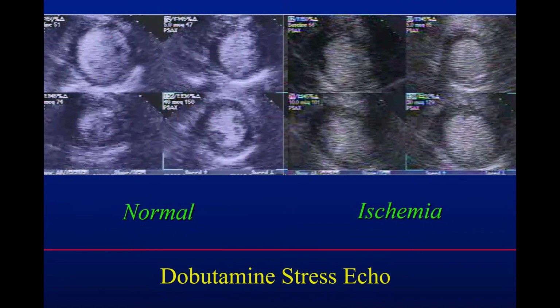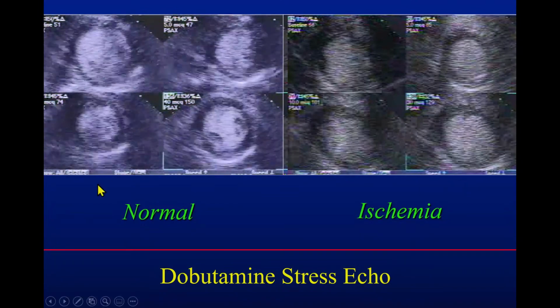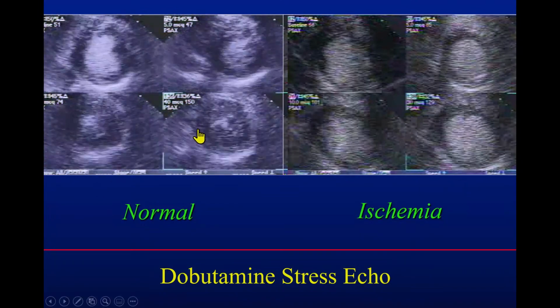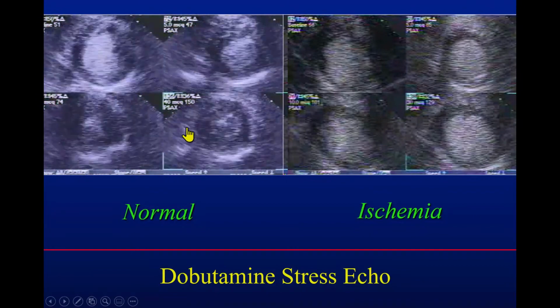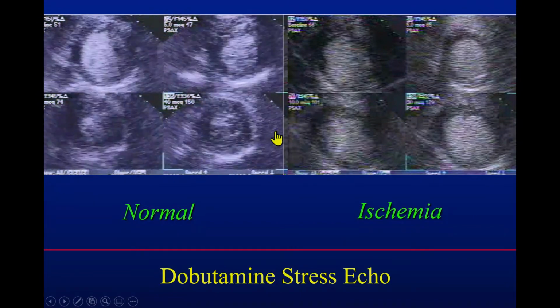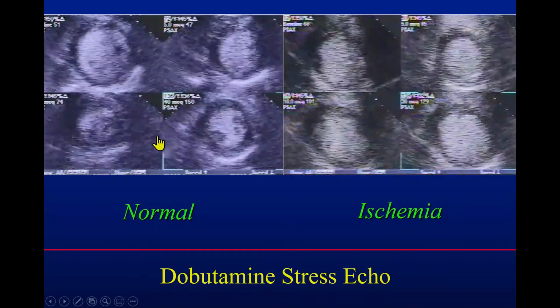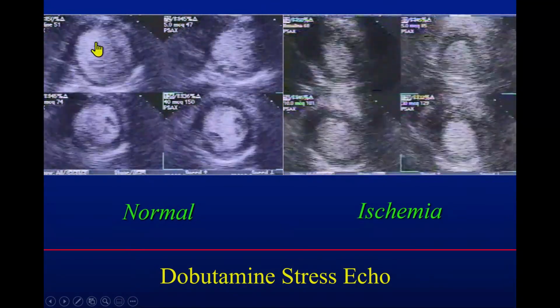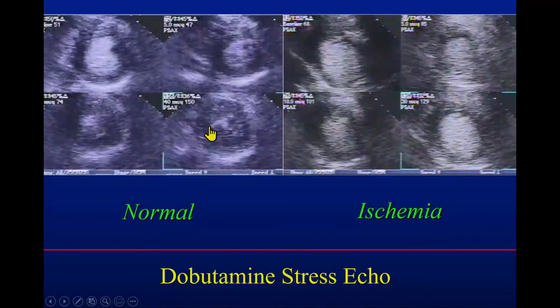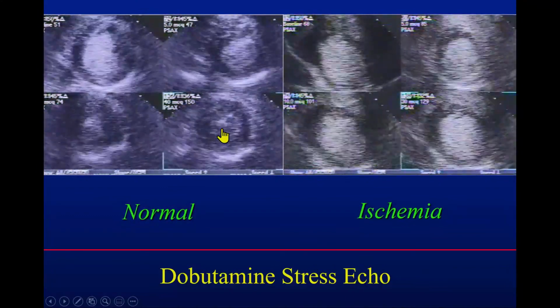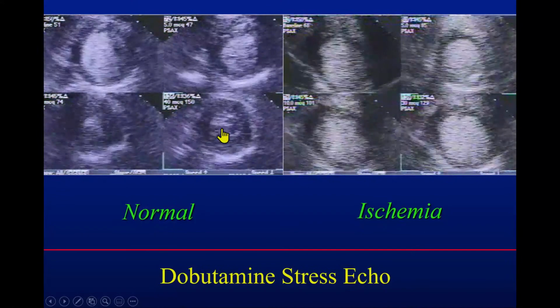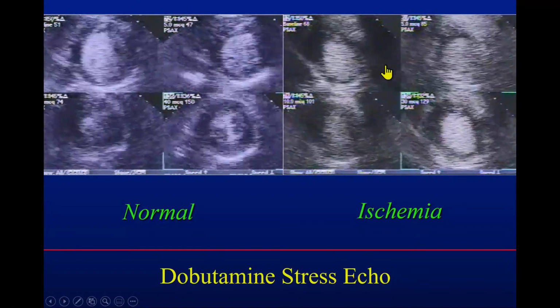How about stress? We talked about some of the applications. This is baseline of a normal individual, at rest, low dose dobutamine, max dobutamine, and you could see the hyperdynamicity of this ventricle. This is a very interesting case I recall very well.